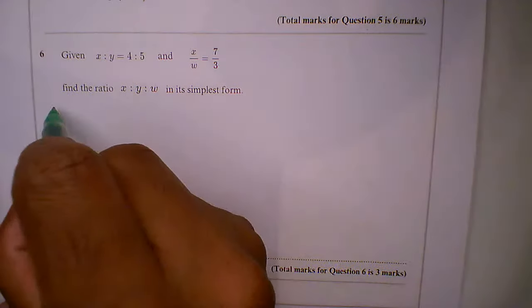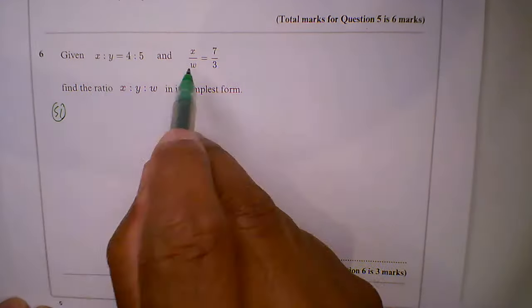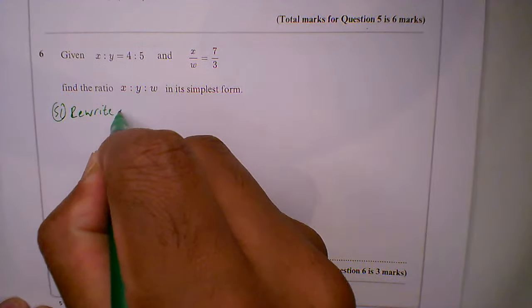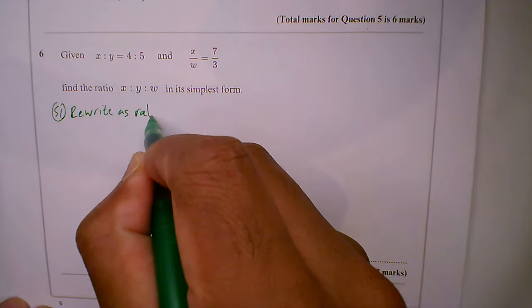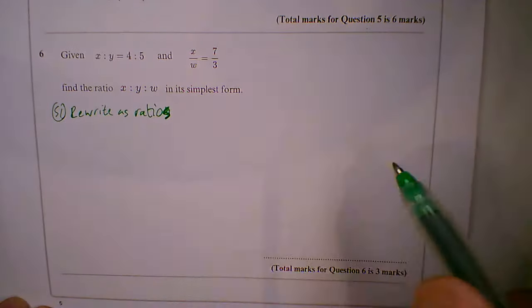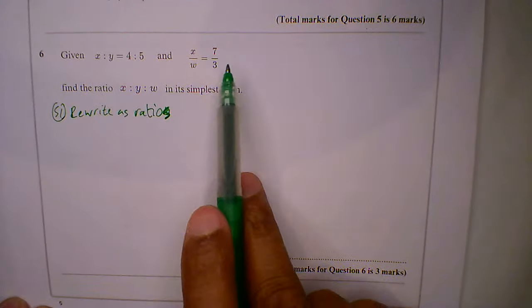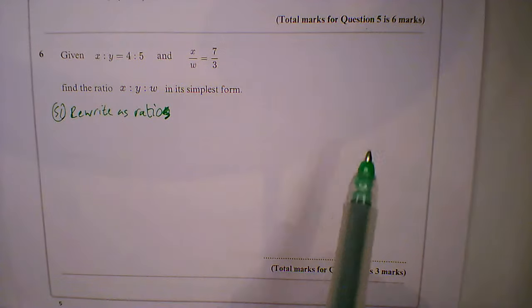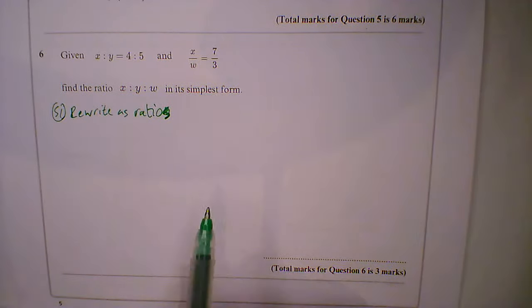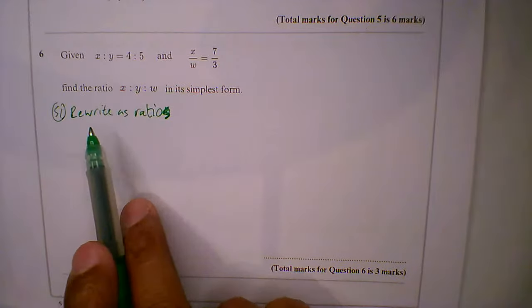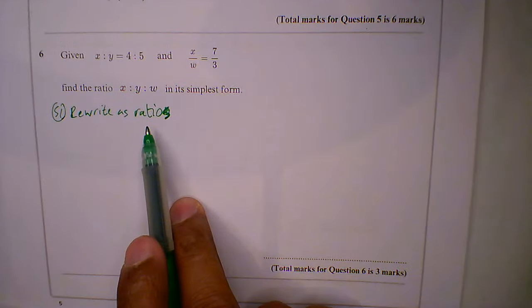So step 1 is rewrite everything as ratios. Also, you probably may have your own way. So if you've done something different to me, that's fine as long as your final answer is correct. So you could do this differently as well. So rewrite these as ratios.